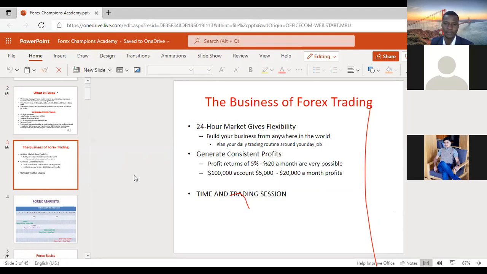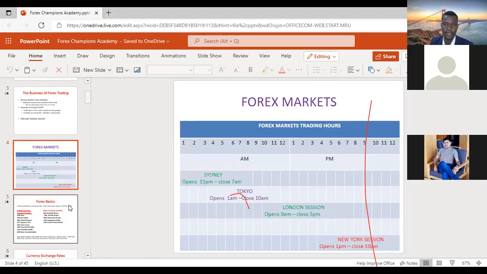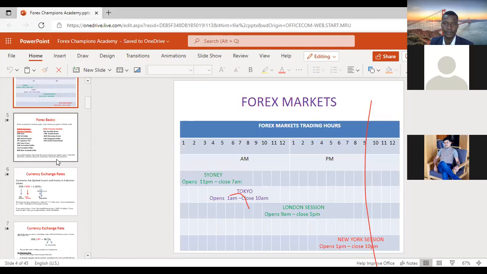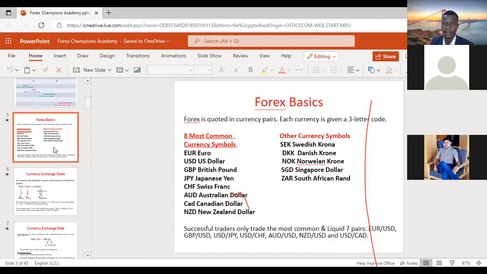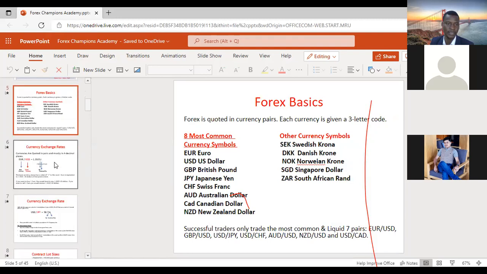So we're going to be looking at the business of Forex trading, and also, on slide 4, we're going to be looking at Forex time, and the Forex basics, that's the terminology, and the currency pairs.